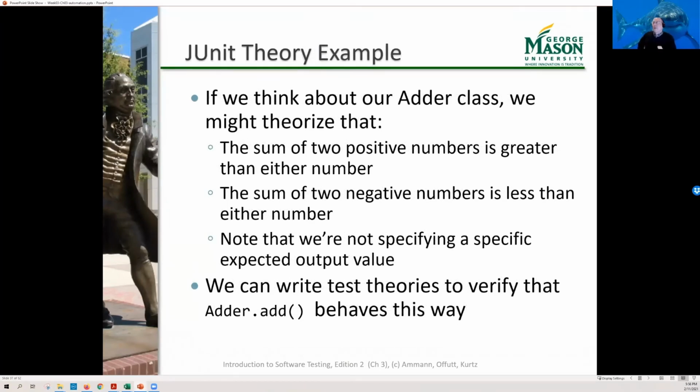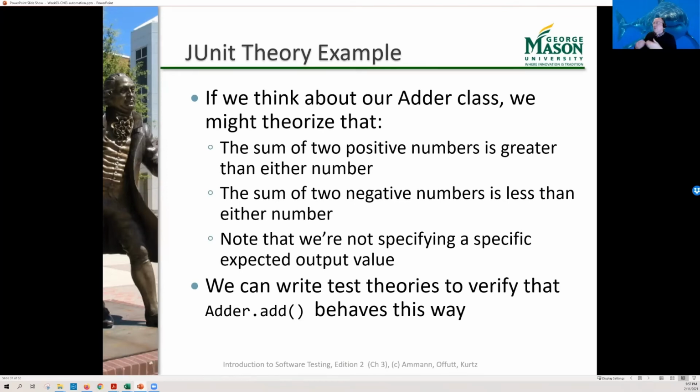So let's see how that assume, act, assert thing works. If we go back and think about our adder class, we could put together a couple of theories, right? Some abstract thoughts about the adder class. We might theorize, well, let's see, how does adder work? Well, if I add two positive numbers, then the sum is greater than either one. And if I add two negative numbers, then the sum is less than either one.